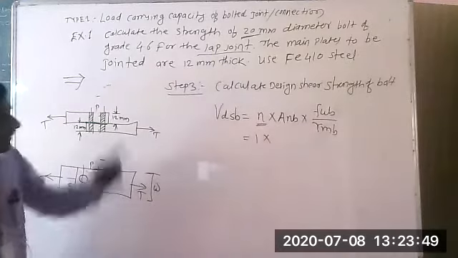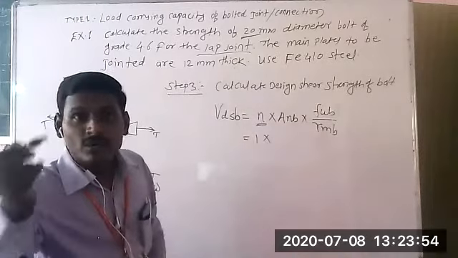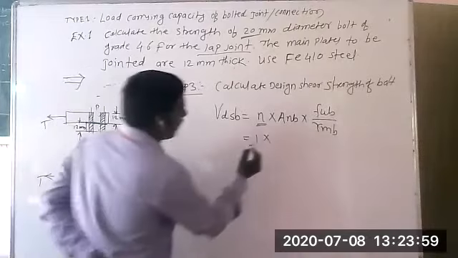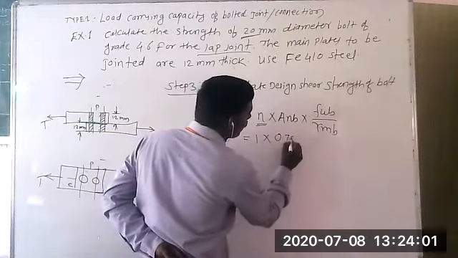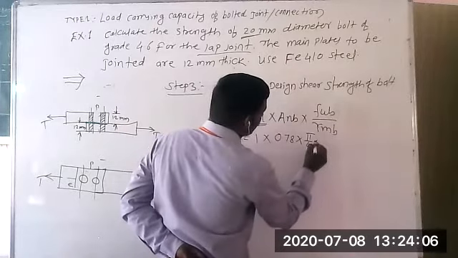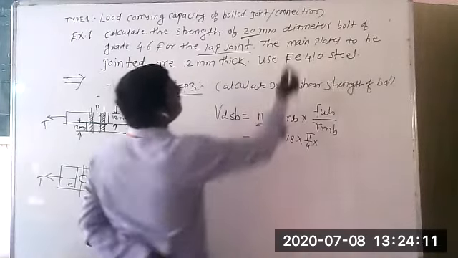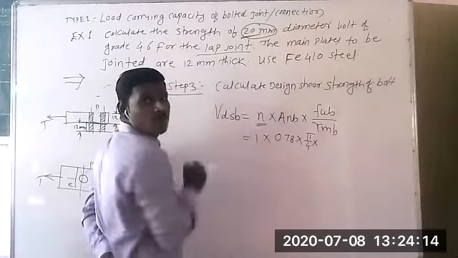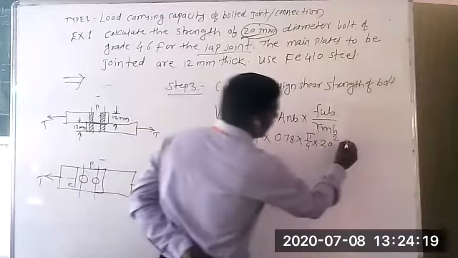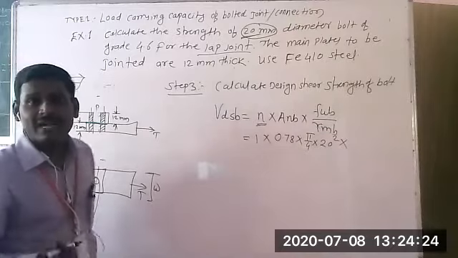Now ANB. What is ANB? Net area of the bolt. How to calculate the net area of the bolt? 0.78 into pi by 4 into d square. What is d here? d is the nominal diameter of the bolt, so 20 mm square. Then FUB, which we have written in the given data.